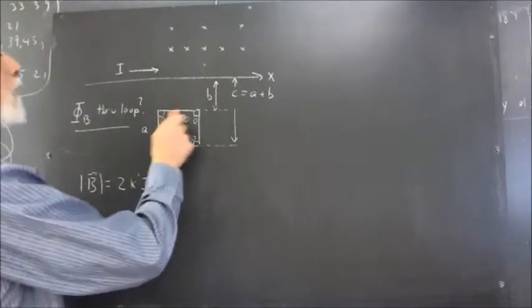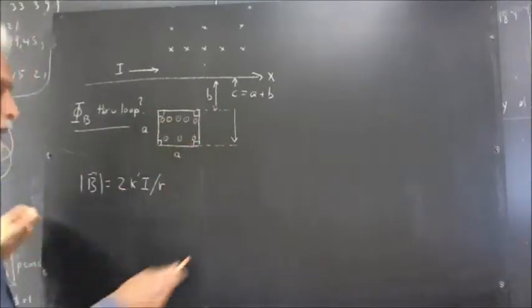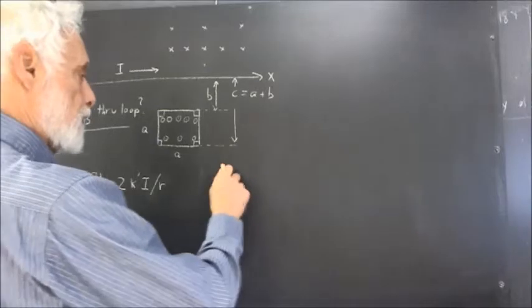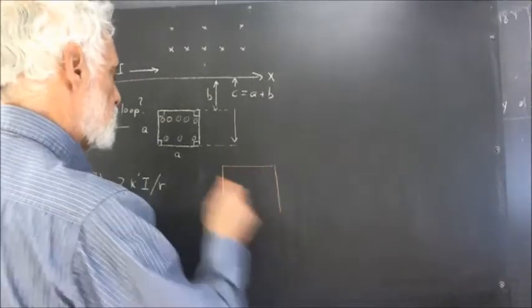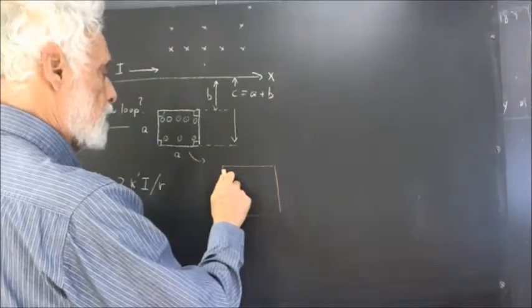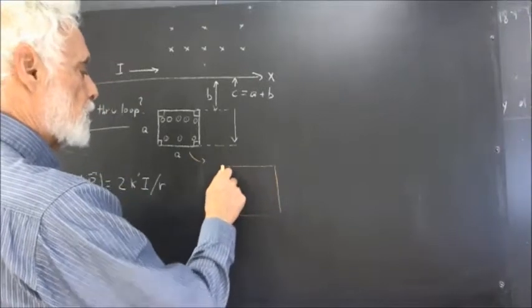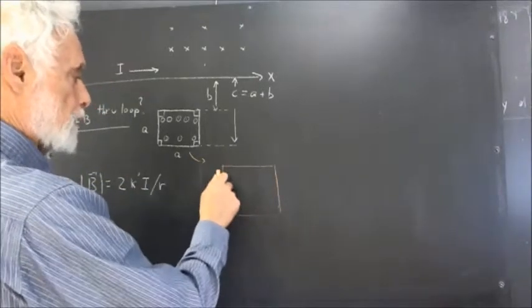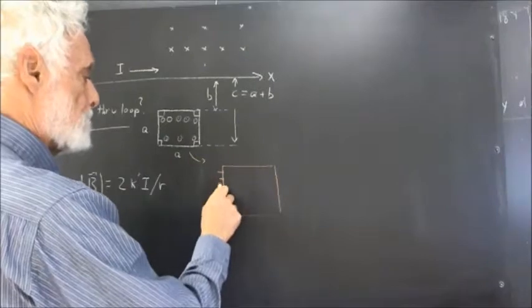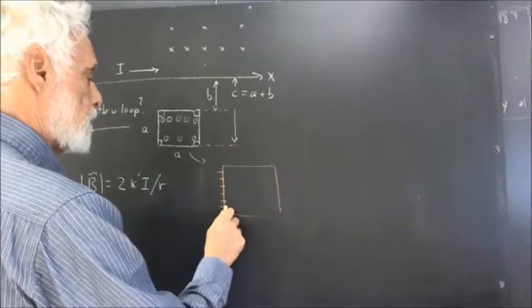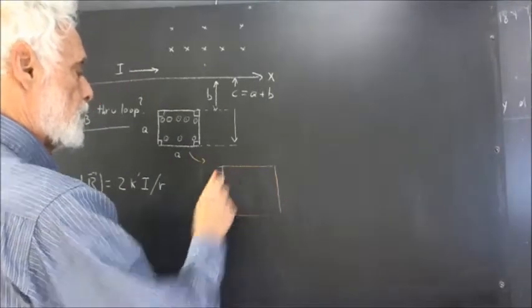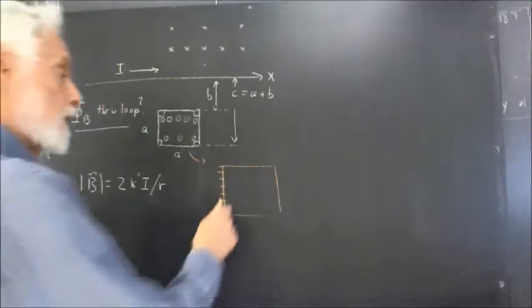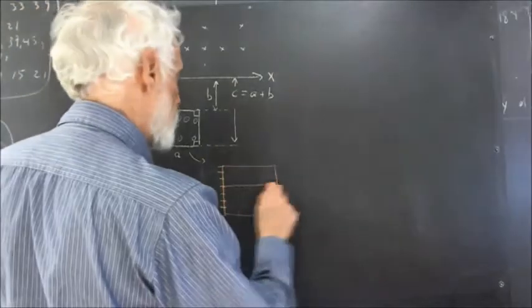Okay? If we partition this square, and I'm going to redraw the square down here, if we partition, let's say, this side, then within each partition, r varies only a little bit.